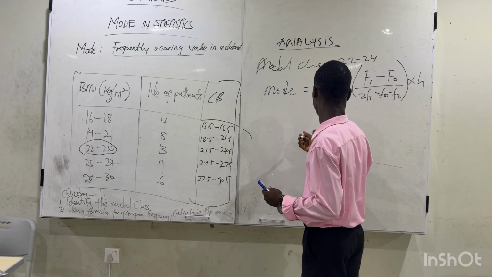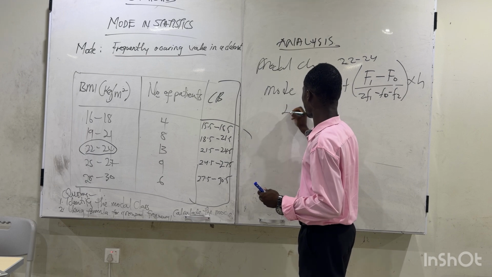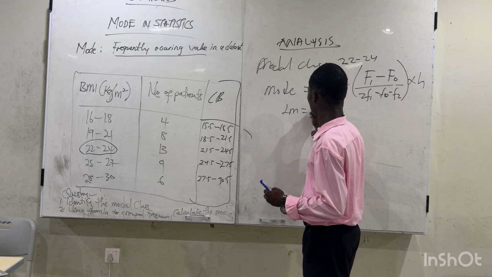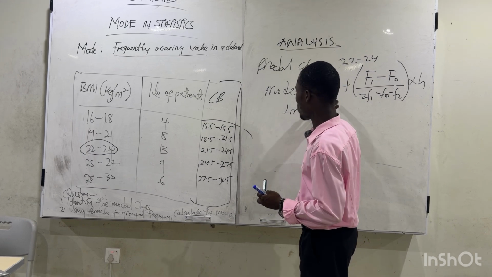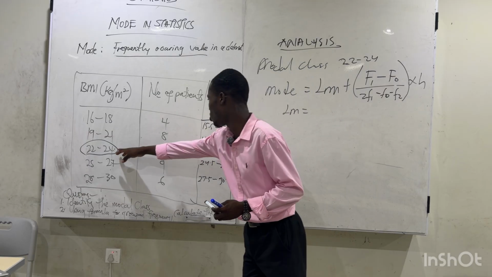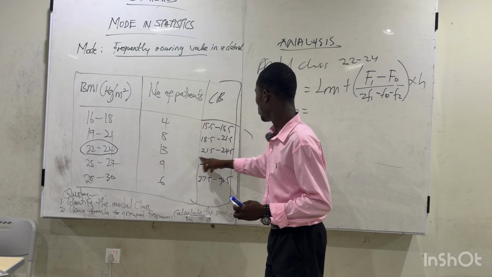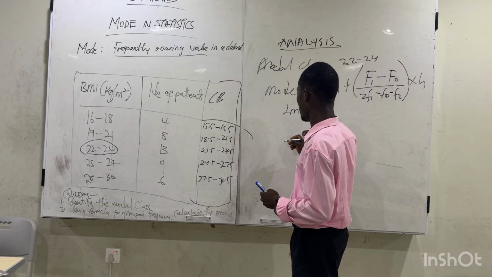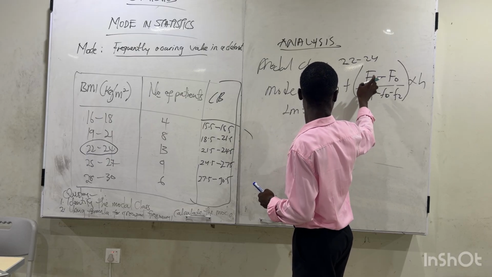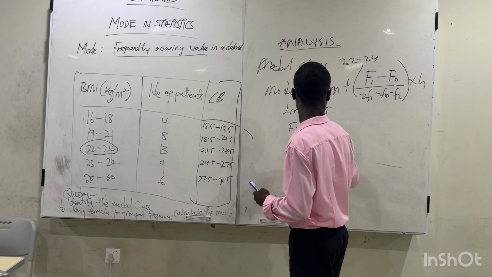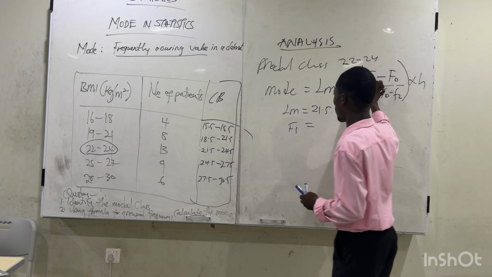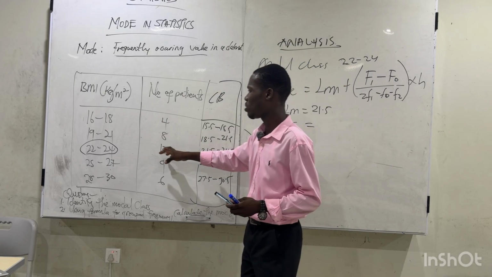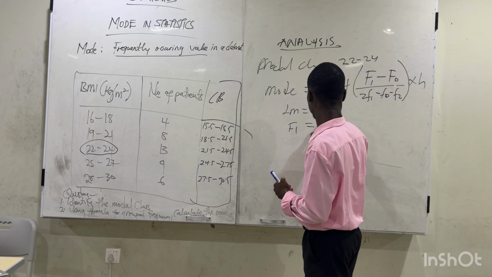So now let's first write our parameters. Lm is the lower class boundary of the modal class, and this is our modal class. So the lower class boundary is 21.5. Then we have F1, the frequency of the modal class, which is 13.